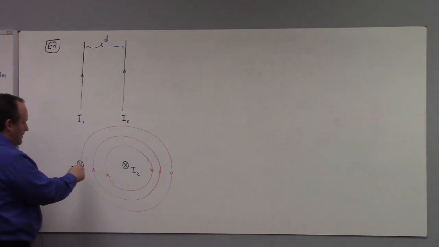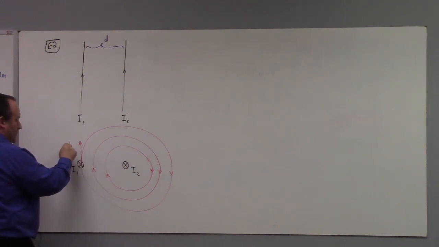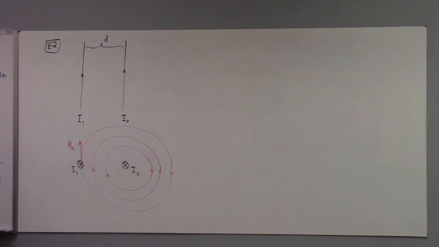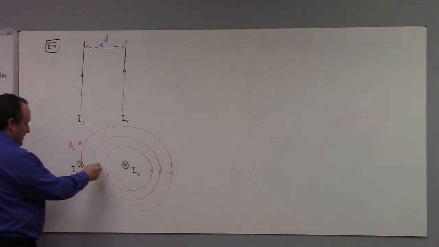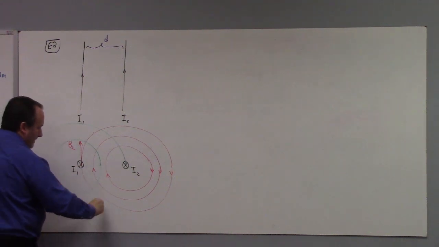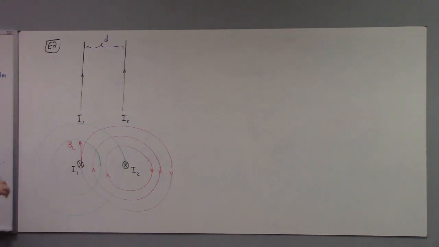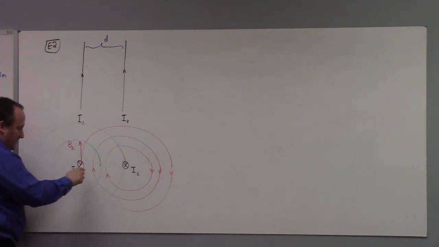So in particular, right here at this point, we've got B2, the magnetic field due to current 2, in that direction, going upward. On the other hand, if I draw the magnetic field lines of I1 like that, again they're going down on this side.